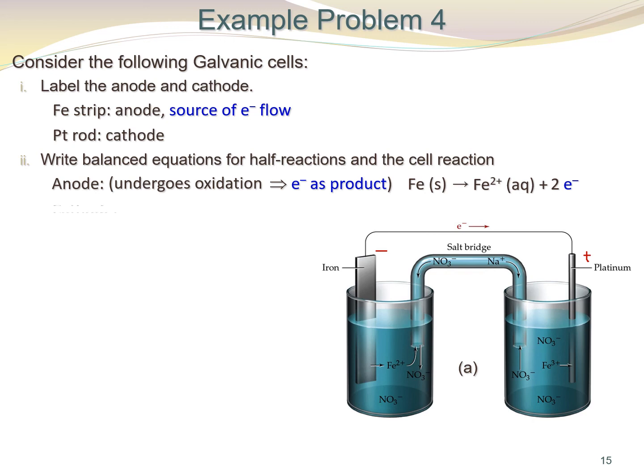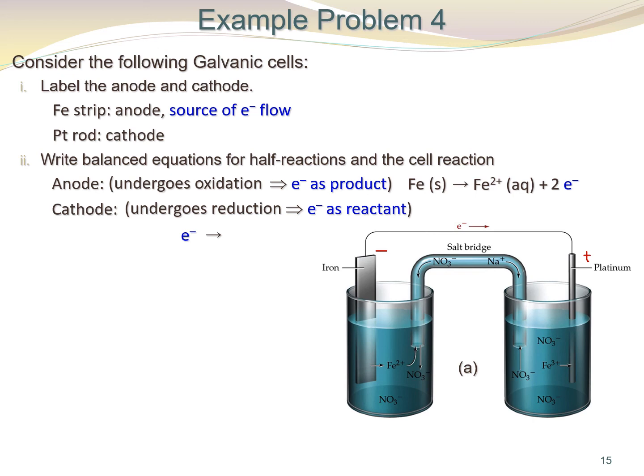Speaking of the cathode, we understand it undergoes reduction. Reduction requires electrons as, of course, a reactant. We put electrons on the left. As we can see, this is where iron 3+ is going to get reduced, right?